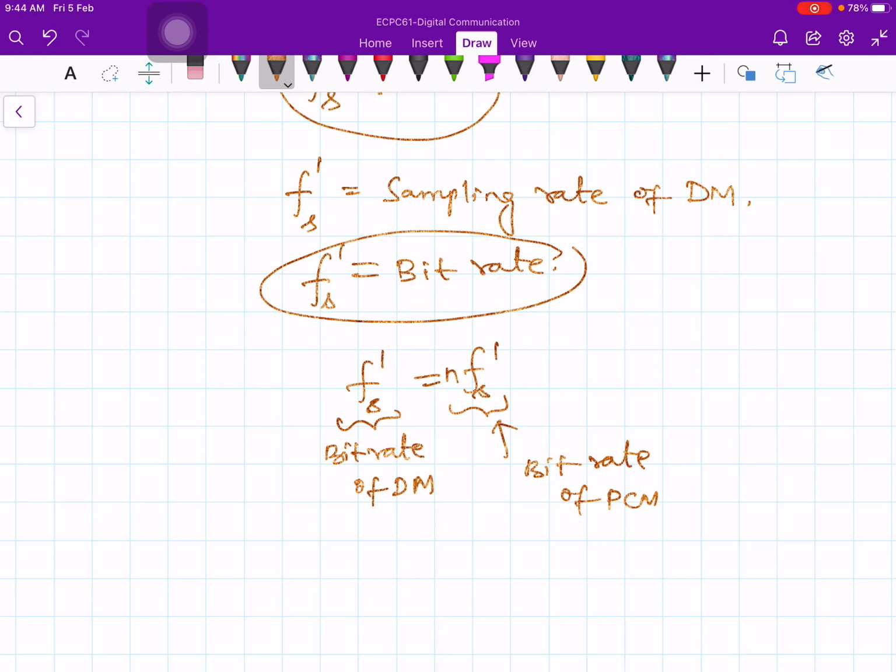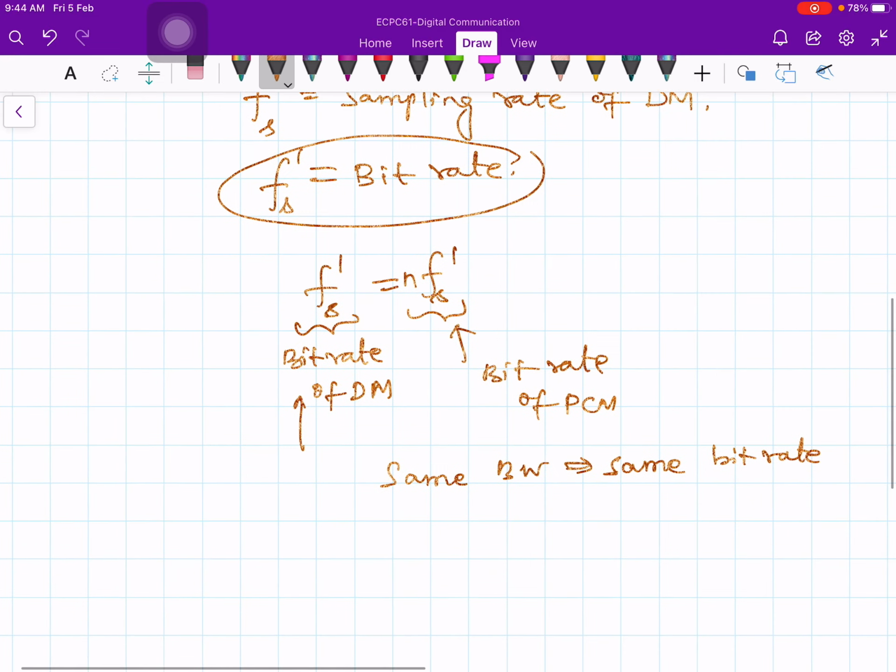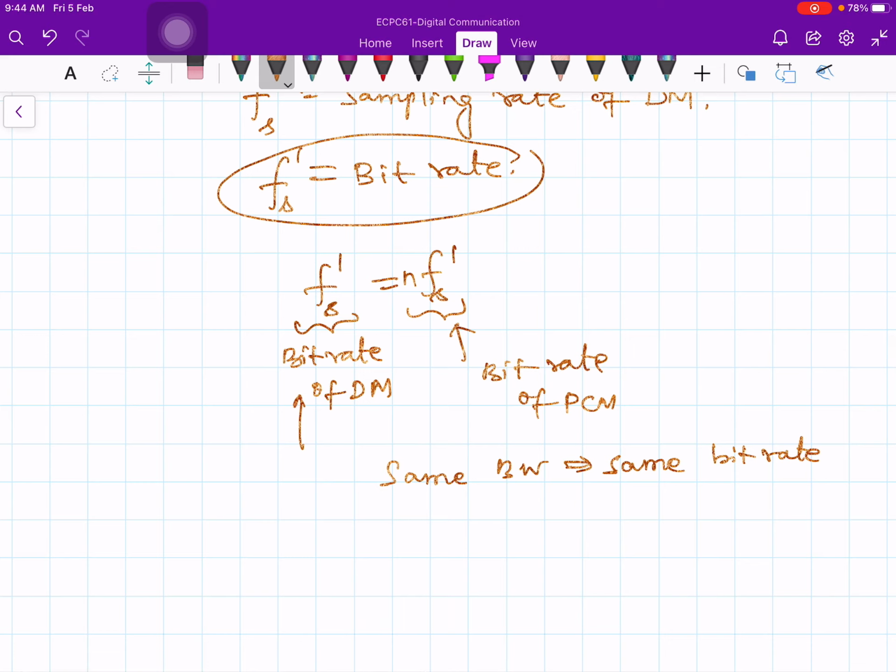Now the bandwidth is more or less related to the bit rate. You want the same bandwidth means you want the same bit rates. Same bandwidth implies same bit rate, because each bit is represented by a pulse, and that pulse has a certain bandwidth.